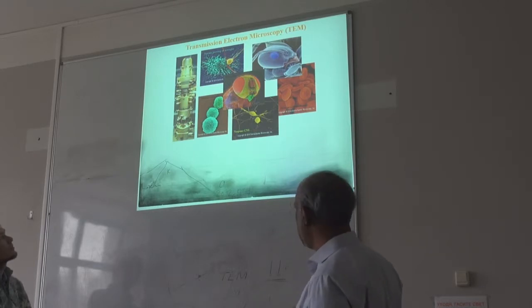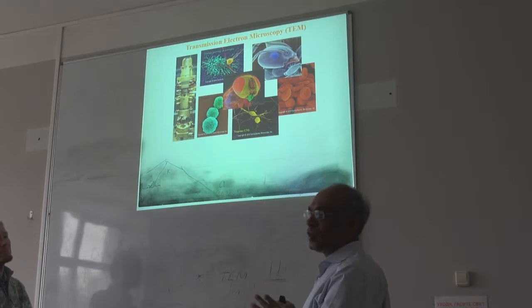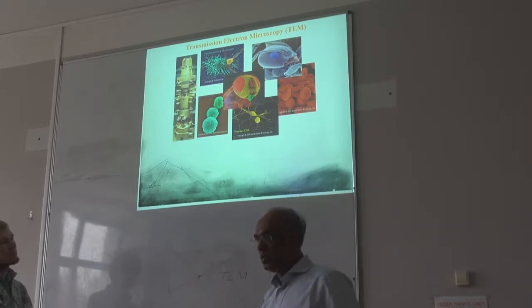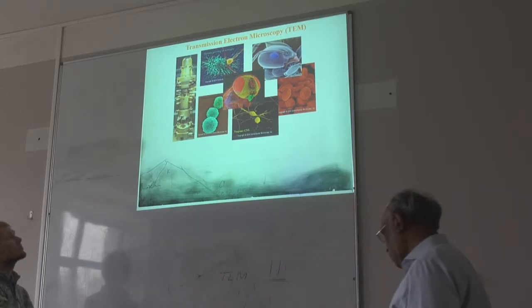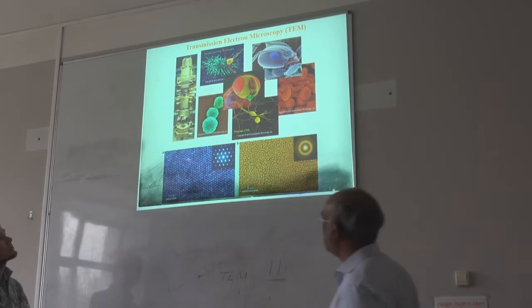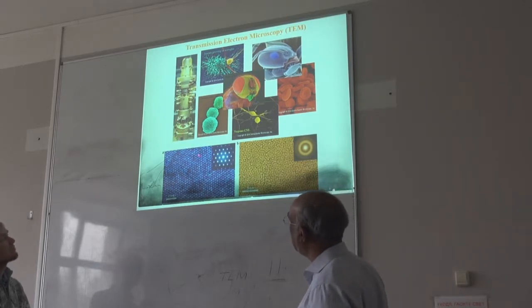So these are some of the features you can see from transmission electron microscope. They are not high resolution, but there are very high resolution TEMs. That's what we have on our campus. You have done that one. With that one, you can see even atoms like that. This is some crystalline material, these are individual atoms.